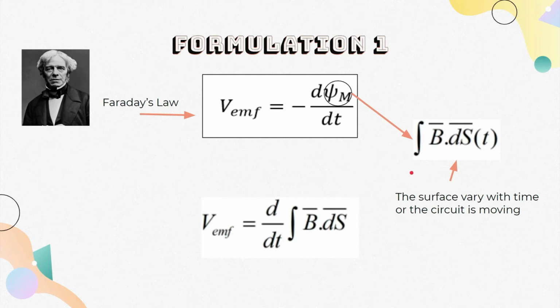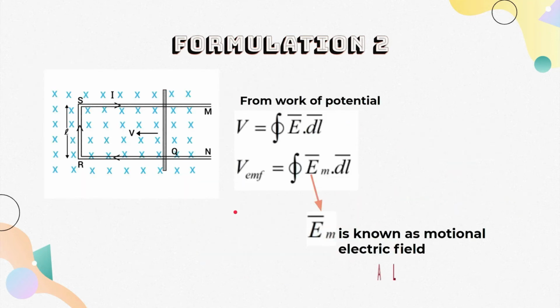By substituting it into this equation, we get our first equation: motional EMF equals the differentiation of the integration of magnetic field B dot product with the total surface area of the circuit or the conductor, over dt. So this is our first equation that is related to motional EMF.